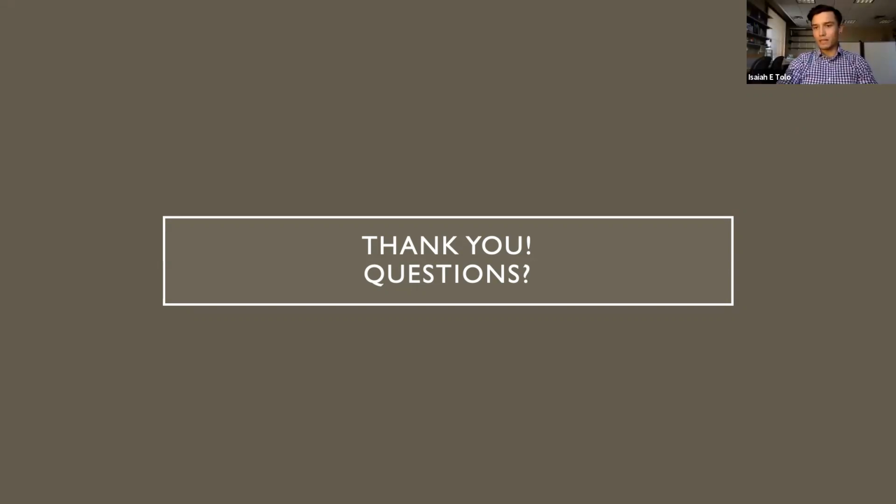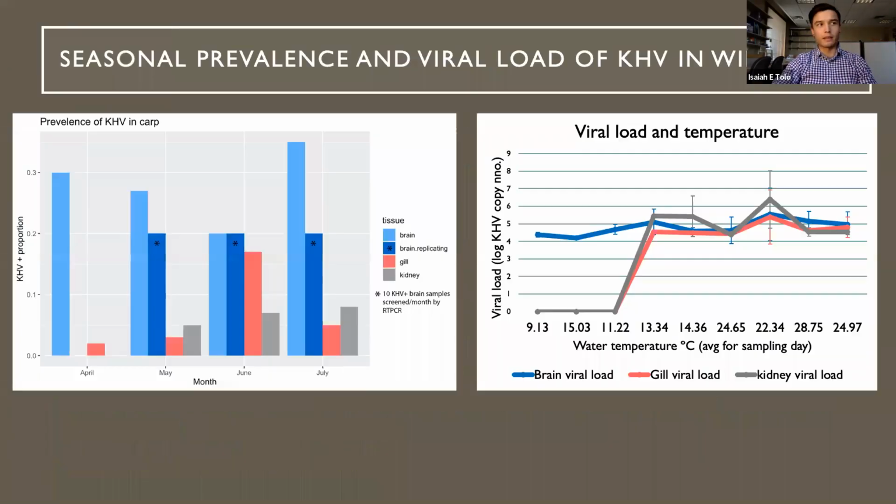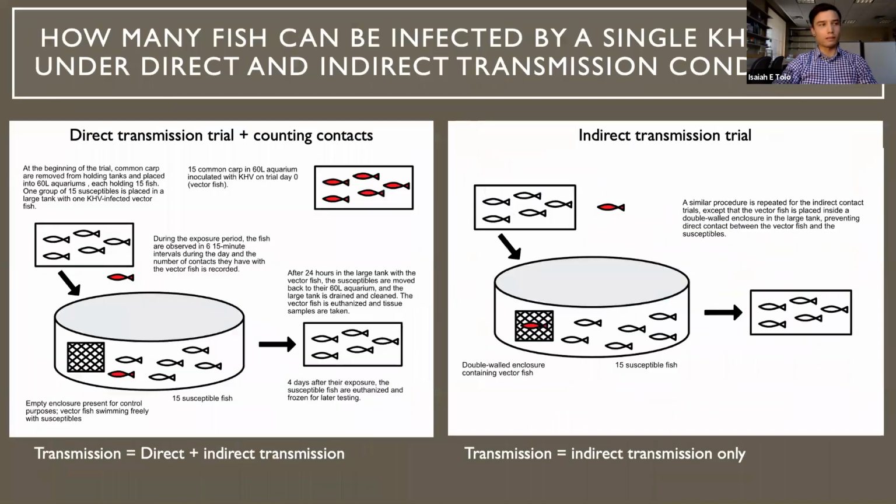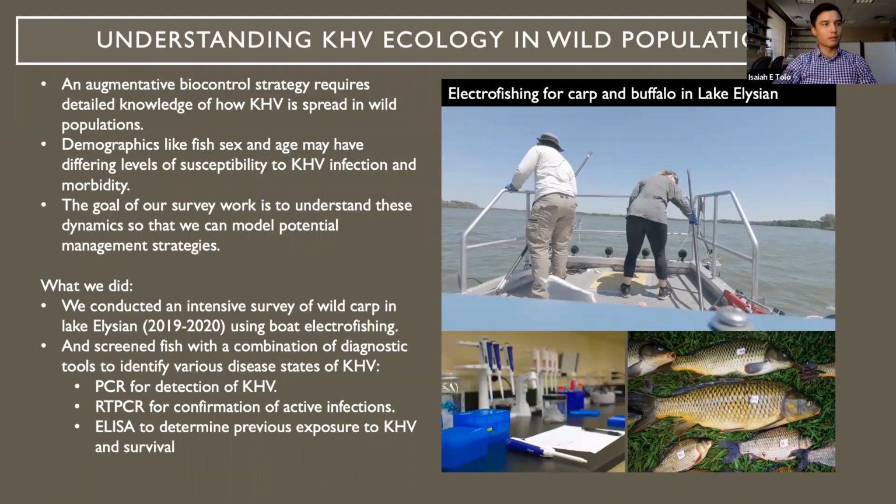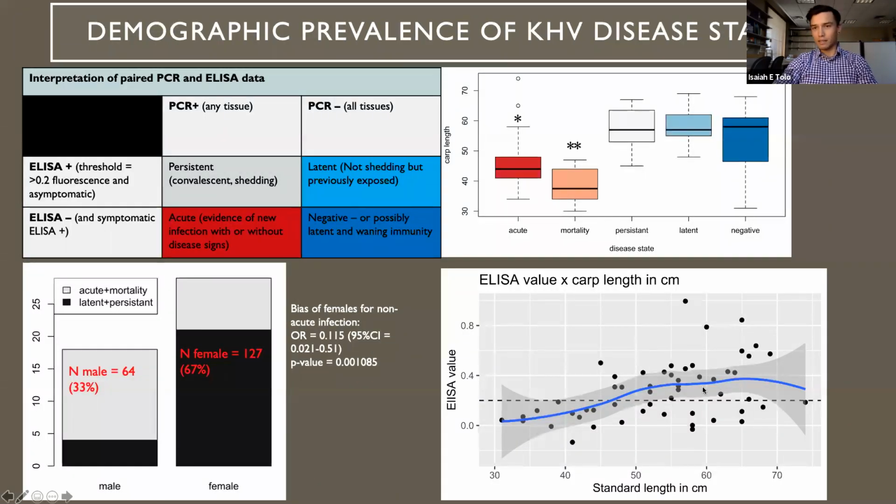Yeah, so even though I didn't actually use the words herd immunity, what I was showing you with that ELISA data, let's see if we can get back to it, I skipped way past it. So what we're actually looking at here is not necessarily a measure of herd immunity, but it is similar. All of these fish that have detectable levels of anti-KHV antibodies are sort of that herd that is immune to KHV.